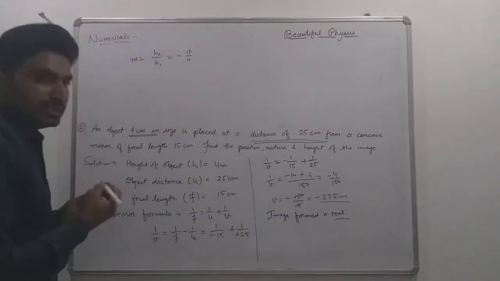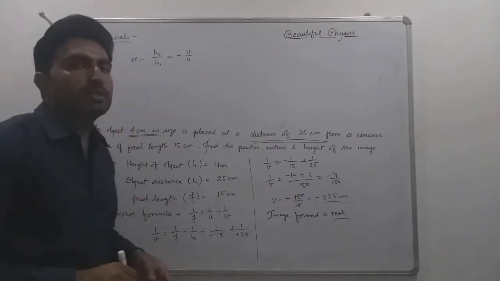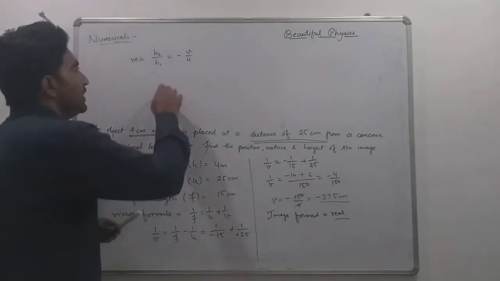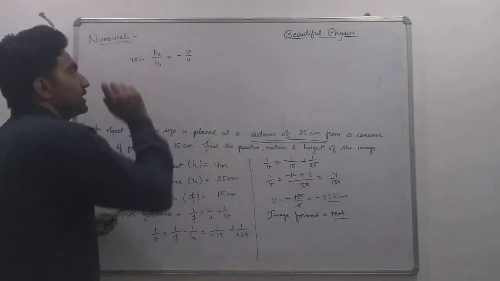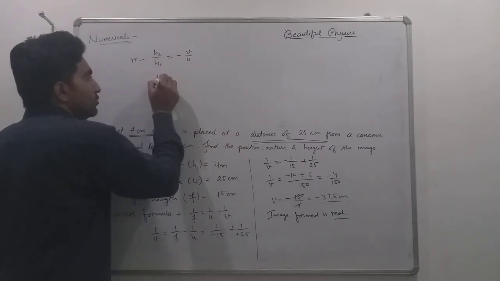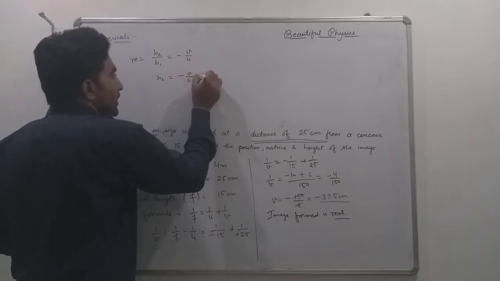We have already discussed this formula. The linear magnification is equal to h2 by h1, and it will be equal to minus v by u. We have the values of v, u, and h1. Let's put the values in place, and we have to find h2, and h2 will be equal to minus v by u multiplied by h1.